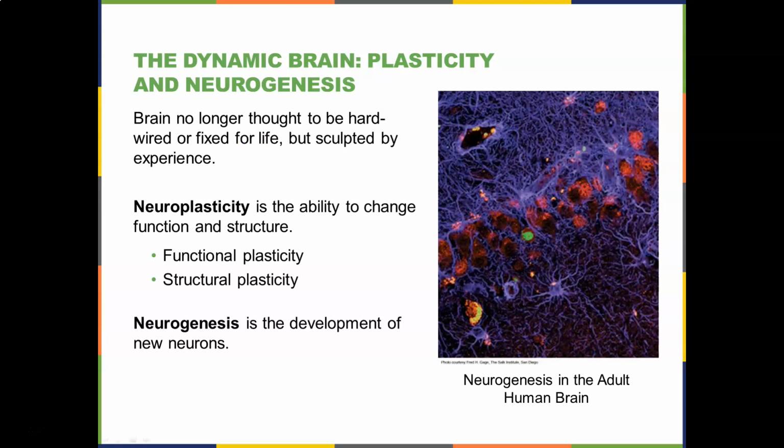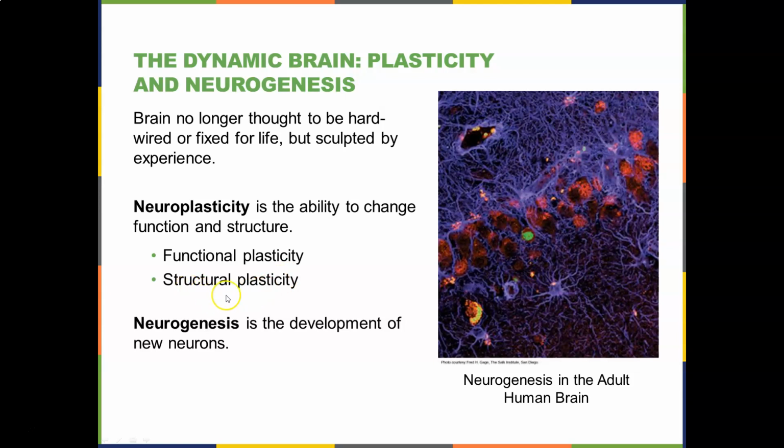And that ability to change is known as neuroplasticity, the ability to change function and structure. So function means that if the brain normally functions in one way, but another part is damaged, it can change functions and start doing something differently.